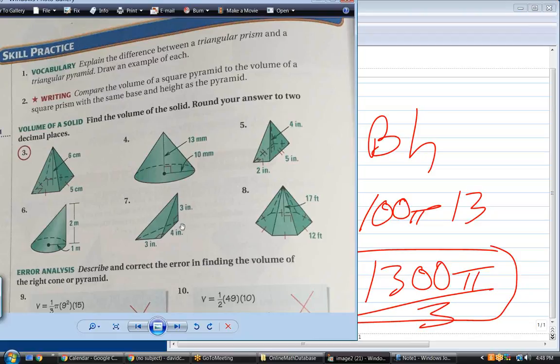Number 7 is also not a regular polyhedron. Doesn't matter, all we need is the area. That's a triangular base in number 7. What's the area of that base?